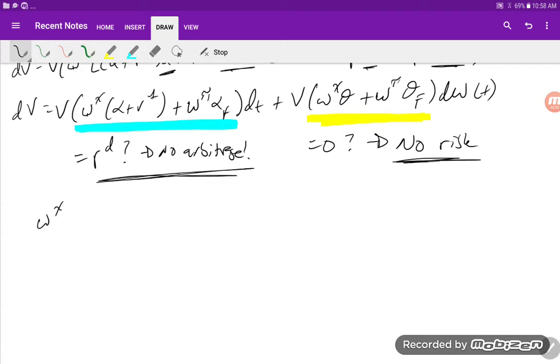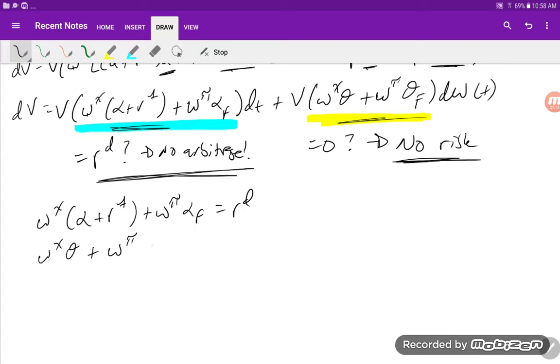So we're going to say that Wx, this is the blue one up here, D. Now for the yellow one, sigma f equals 0, and then we need one more.